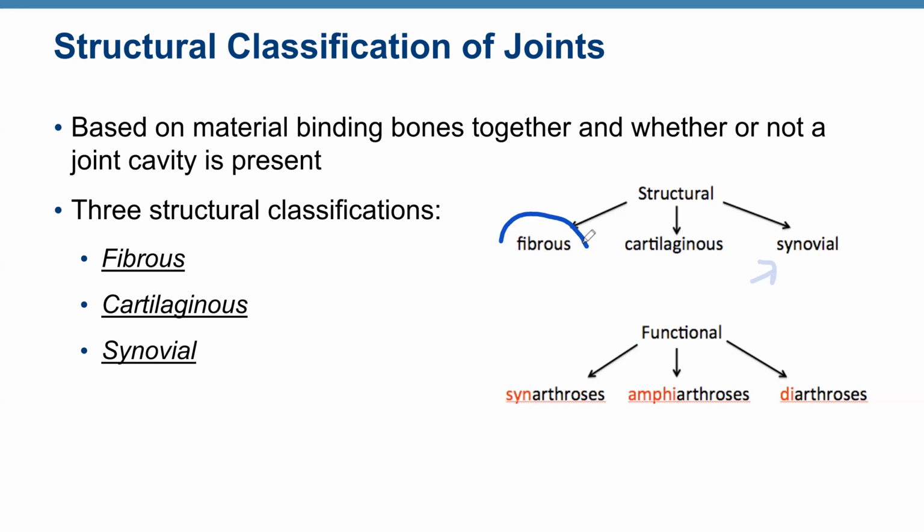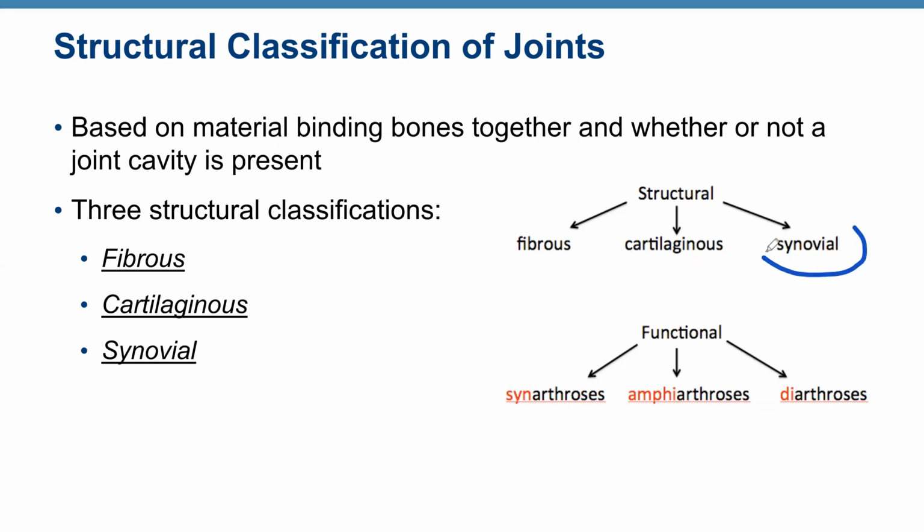So you can guess that if you're talking about the materials that bind bones together, and you're talking about a fibrous joint, that will be fibrous connective tissue between two bones. It's going to be cartilage, hyaline cartilage, if you're talking about cartilaginous, or it can be fibrocartilage as well.